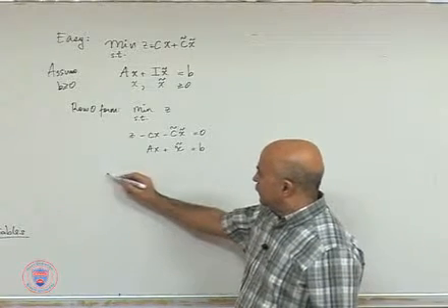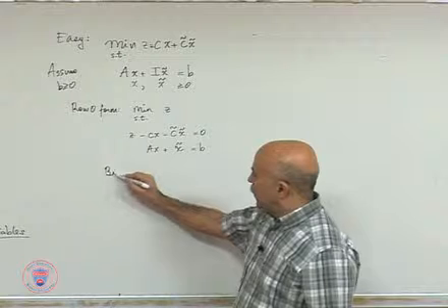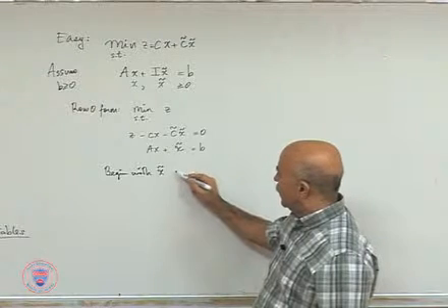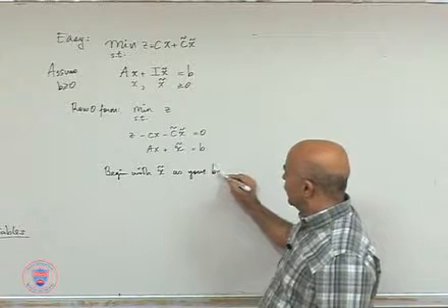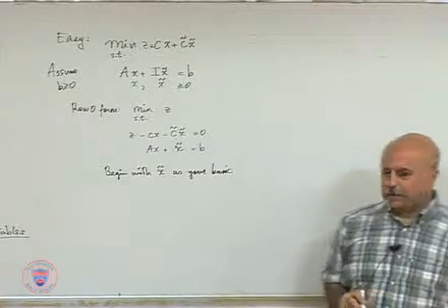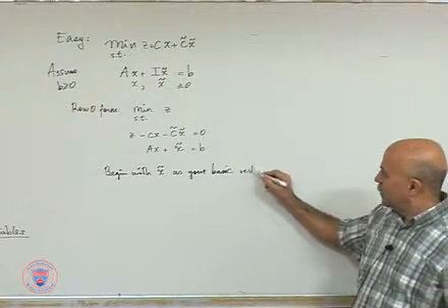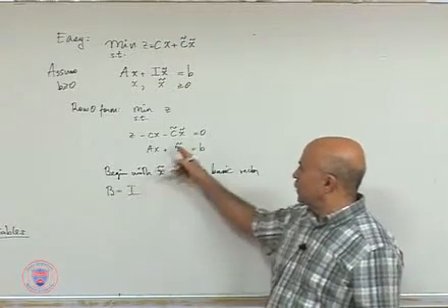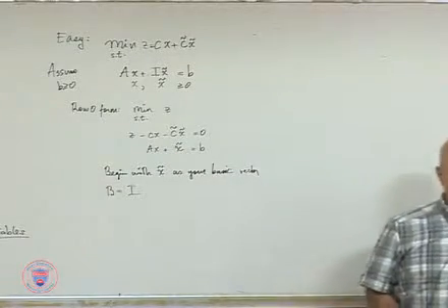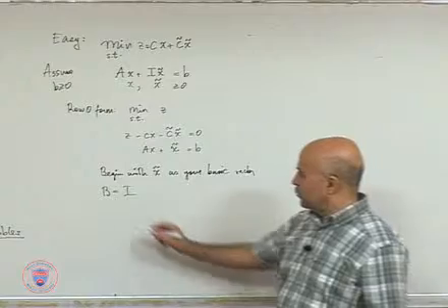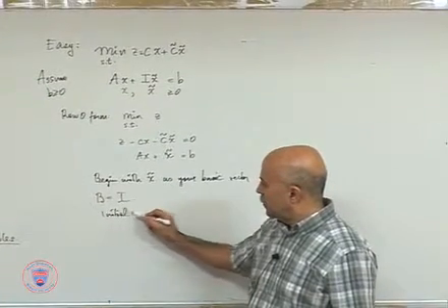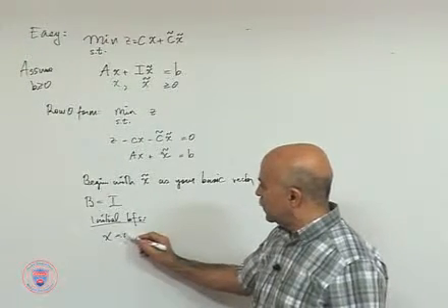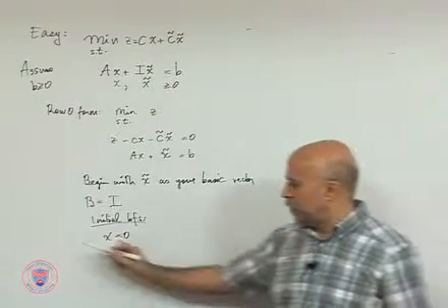In this case, begin again with x tilde as your basic set of variables. Okay? So this corresponds to having a B matrix of identity because x tilde has identity. What is the initial solution? Well, the initial basic feasible solution is obtained by setting x equals 0. That's the non-basic part.